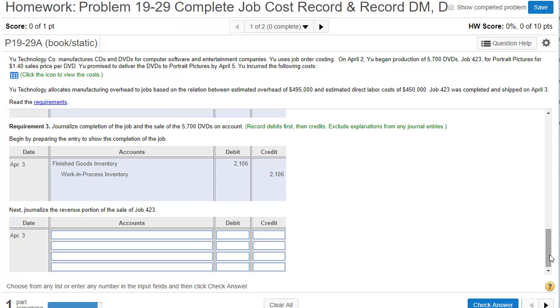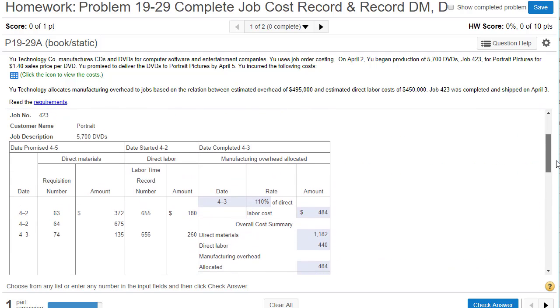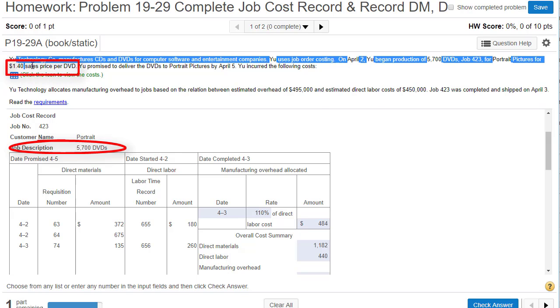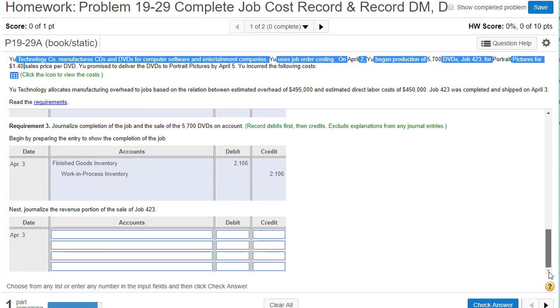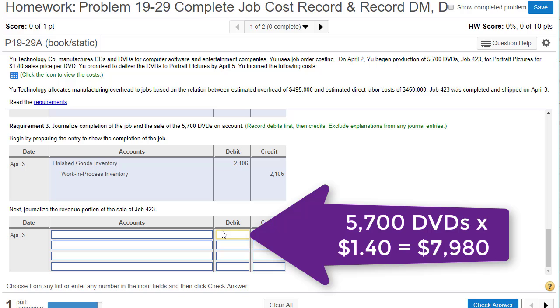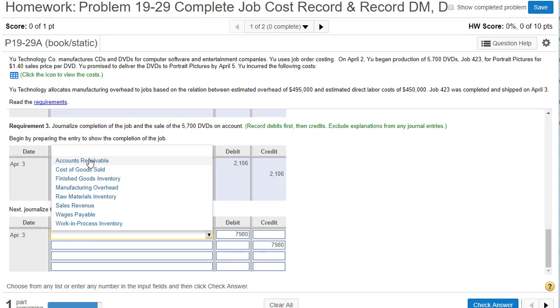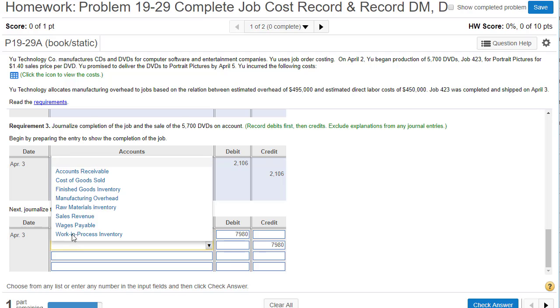So if we sold 5,700 DVDs, we have to multiply it by $1.40 right here, $1.40. And that gives us a total of $79.80. And remember, it said we sold them on account. So that's going to be accounts receivable increasing. And then we have to record our sales revenue.